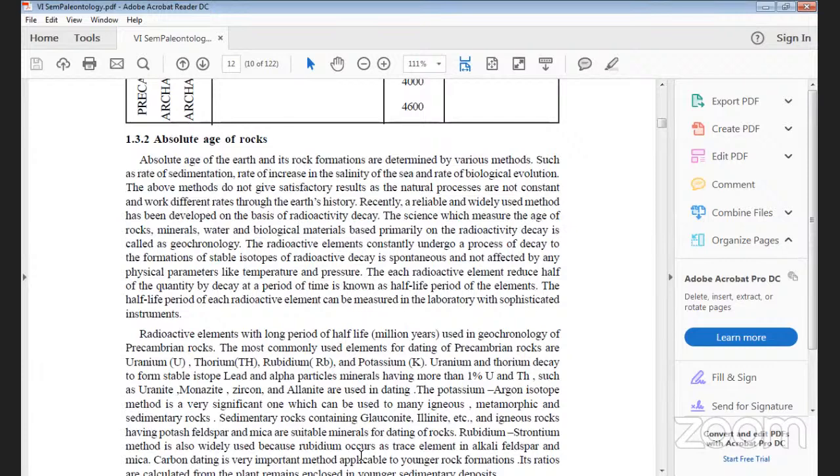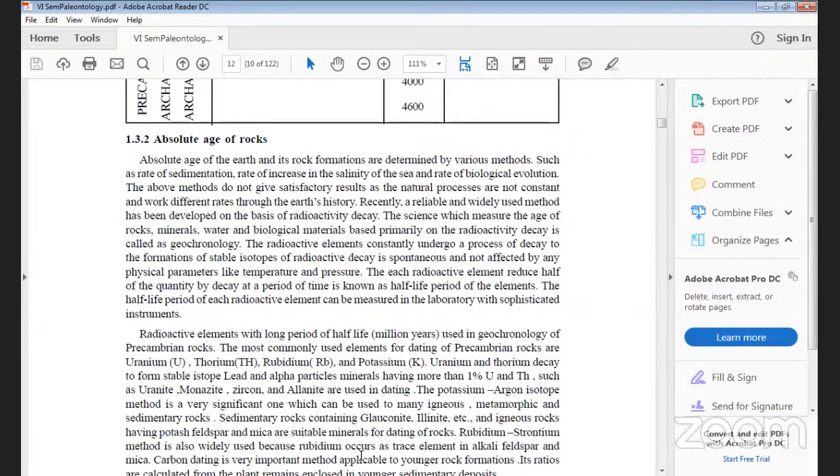Radioactive decay is spontaneous and not affected by any physical parameters like temperature and pressure, and it gives accurate information. Each radioactive element reduces to half of its quantity by decay in a period of time. It's known as the half-life period of the element.